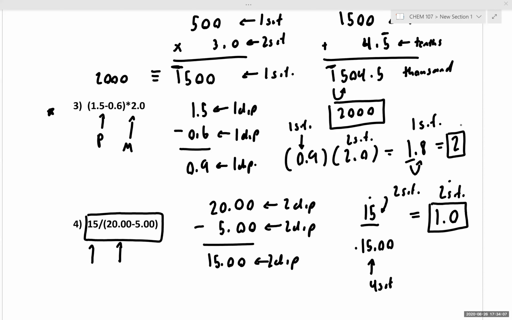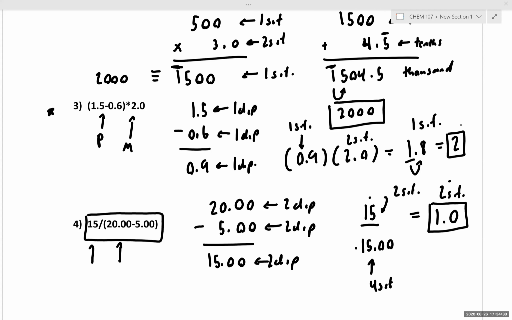Decimal places: for addition and subtraction, you retain the least number of decimal places. For multiplication and division, you care about significant figures. You determine the number of significant figures using the rules that we discussed earlier in the chapter. The number of decimal places are the number of significant digits after the decimal point.